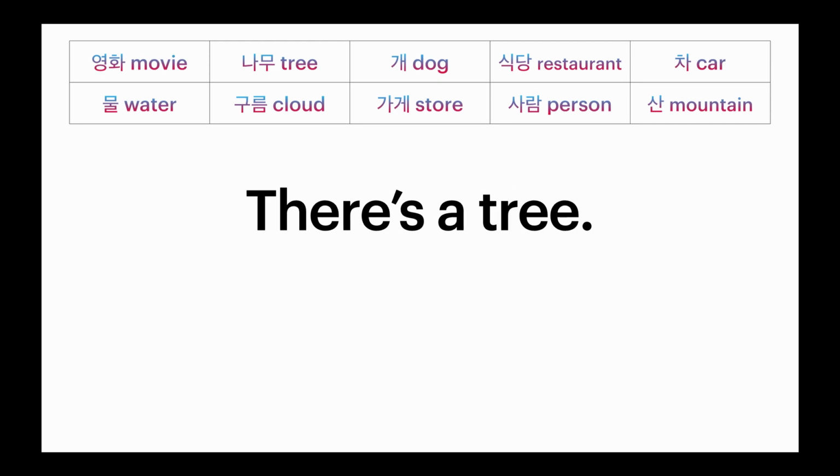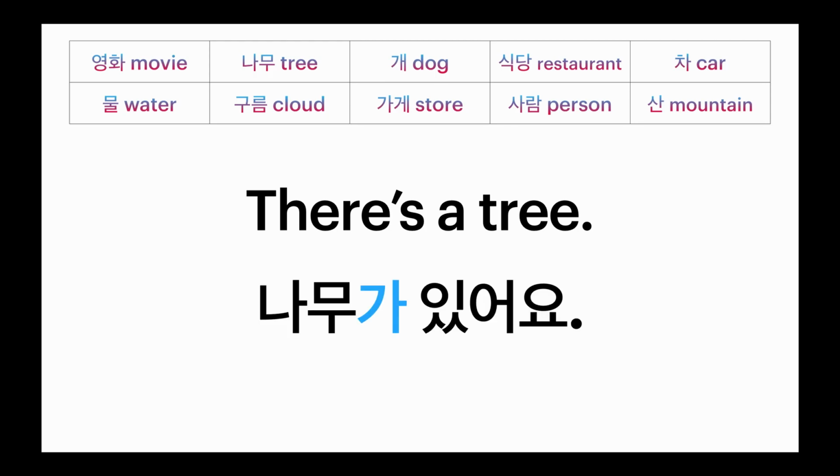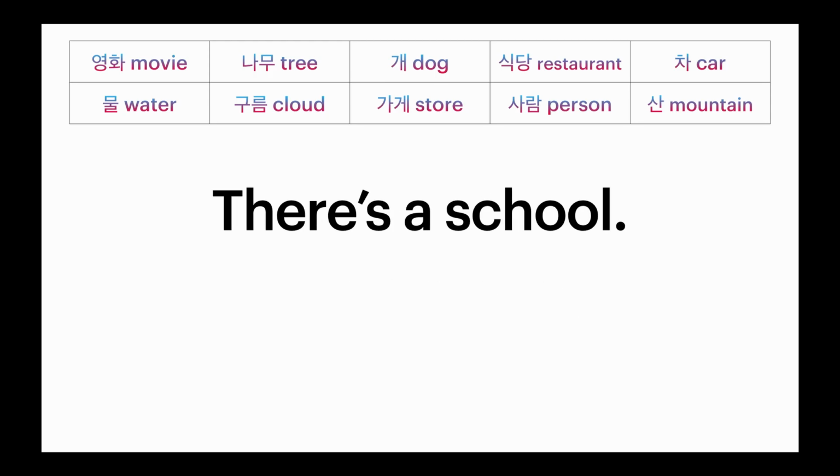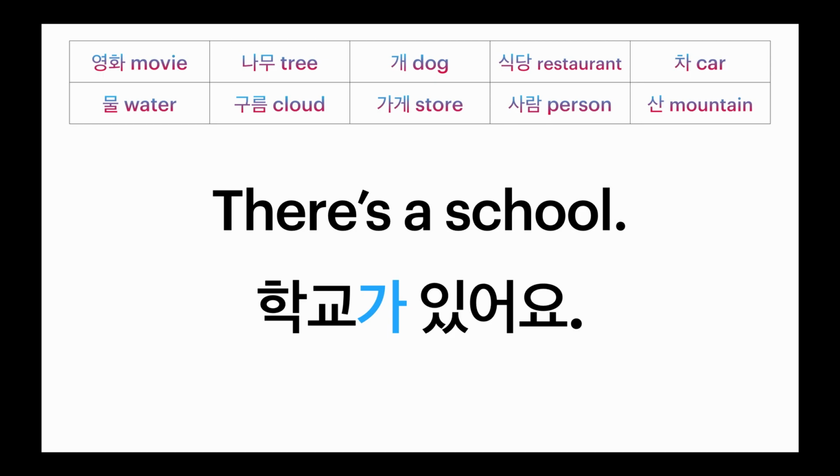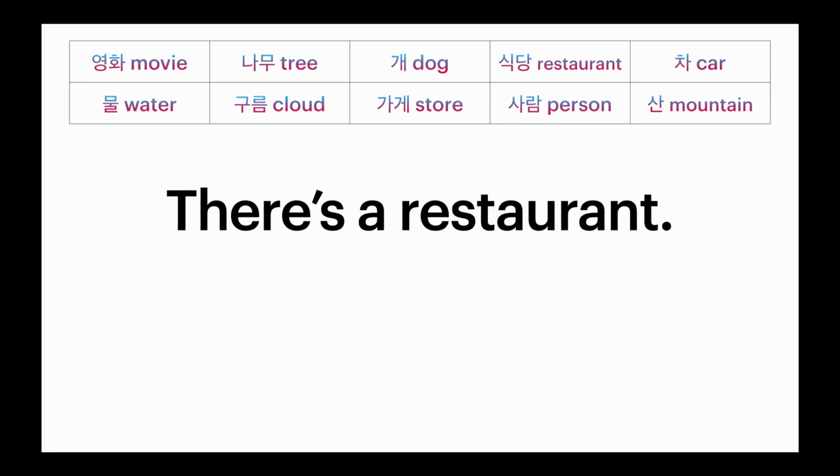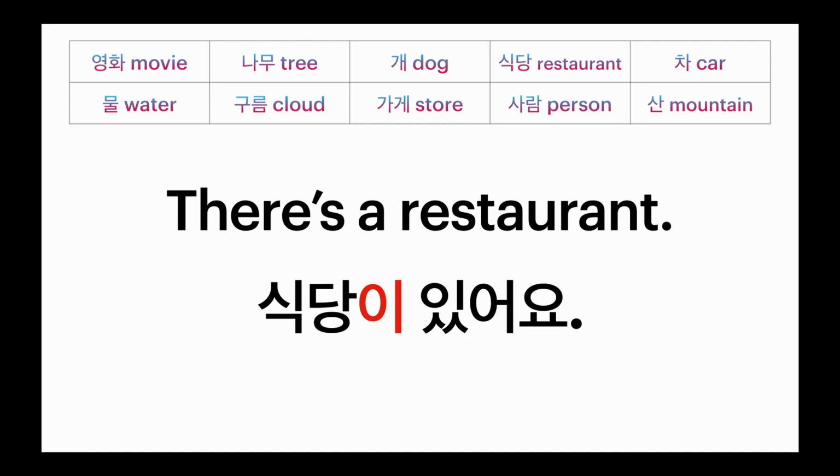There's a tree. 나무가 있어요. There's a school. 학교가 있어요. There's a restaurant. 식당이 있어요.